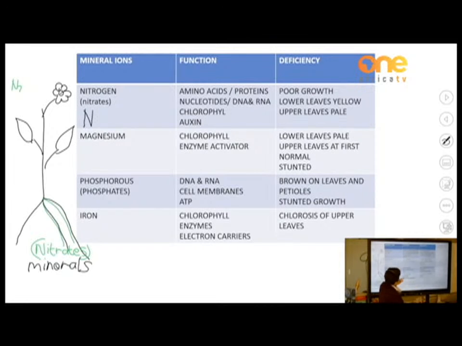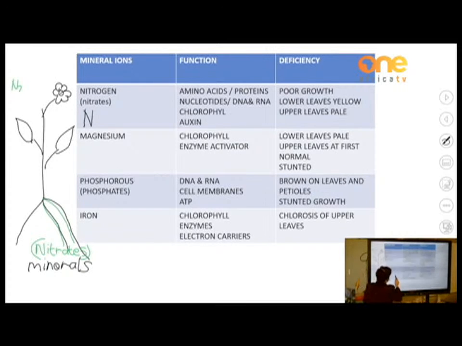Now we can see that if the plant has poor growth, and the lower leaves are yellow, and the upper leaves also start to get pale, but the lower ones first start to get yellow and pale, it has a nitrogen deficiency. And what can you do then? To add some nitrates, you can put in some manure or fertilizer. That will help. Now, the second one is magnesium.